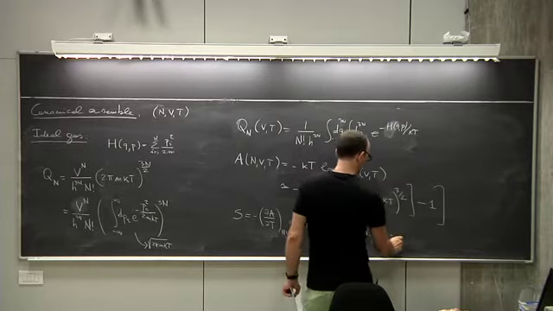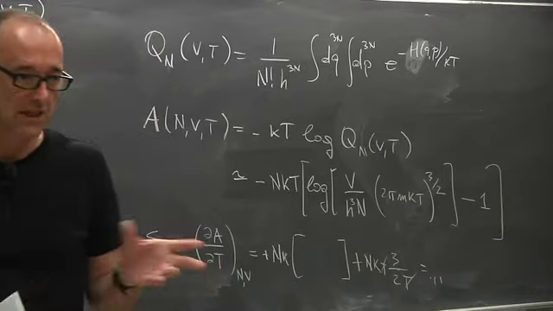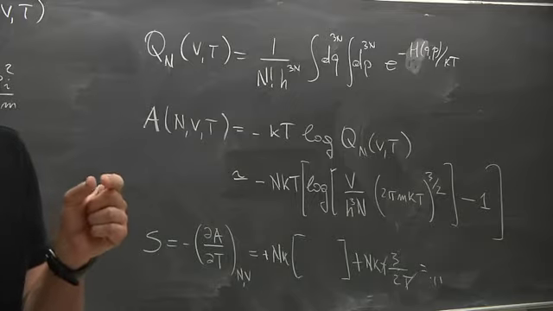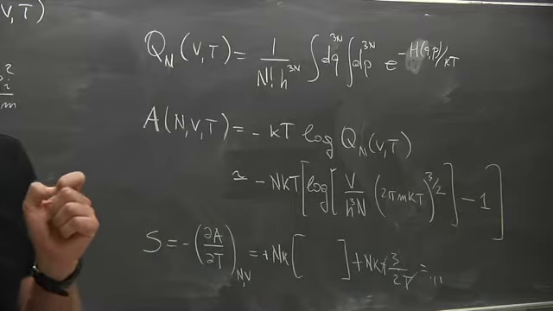So, if you do this calculation, you will see that you get exactly the same result as the entropy of the ideal gas, which we have computed in the microcanonical ensemble when you substitute the energy with the temperature. Okay?